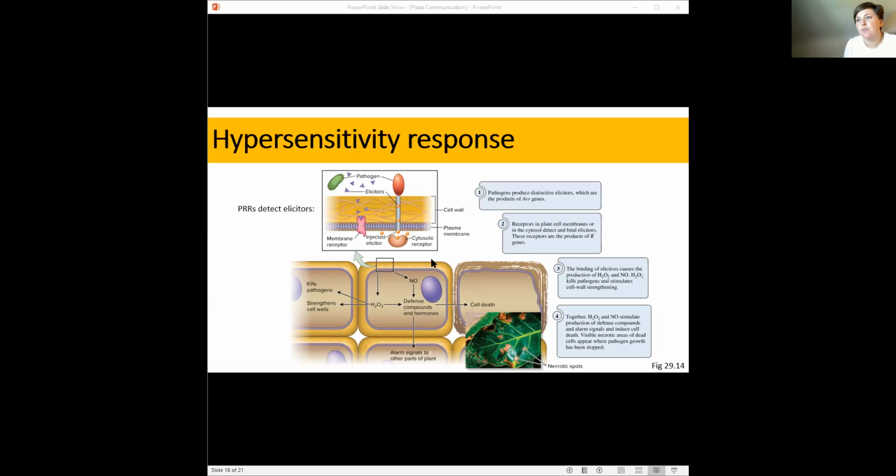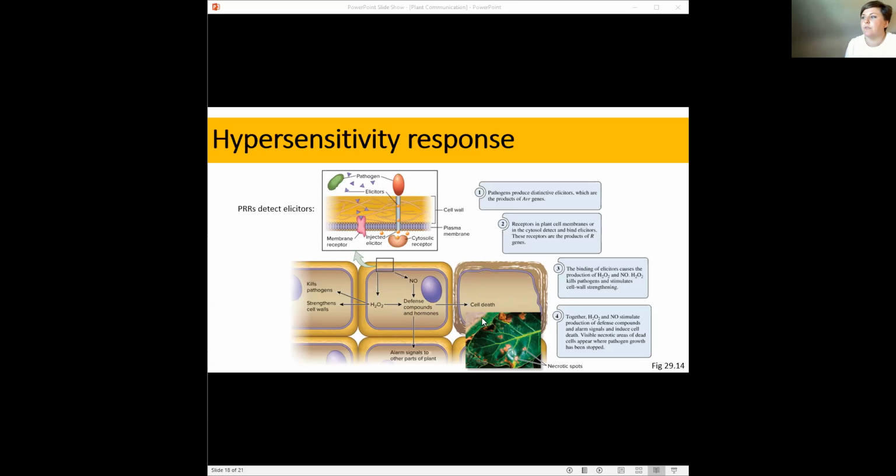So if the plant is trying to kill one of the cells in its tissue, it would basically be cutting off the nutrient supply to the pathogen. So if nutrients are cut off, the pathogen can't reproduce. So in effect, if the plant kills a cell, it's cutting off the pathogen's nutrient supply and therefore preventing the pathogen from establishing an infection.